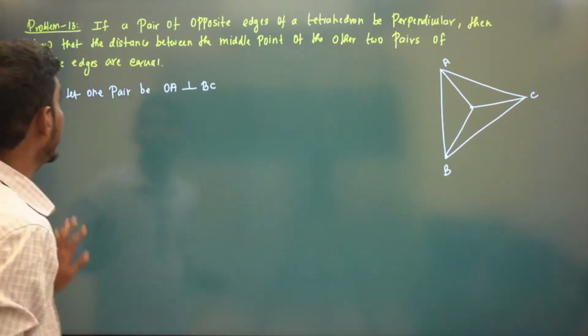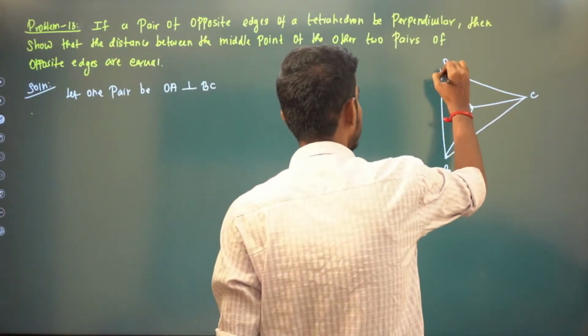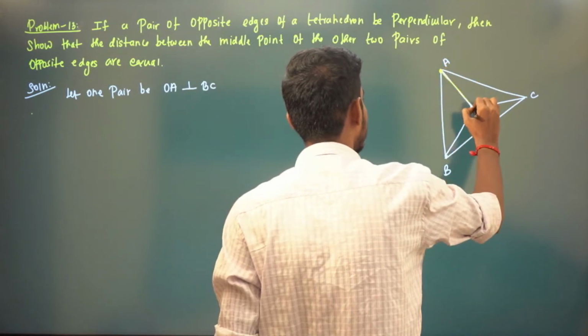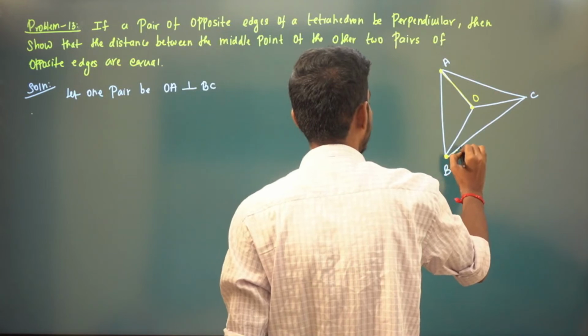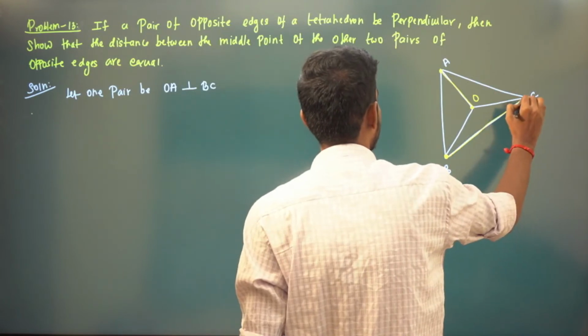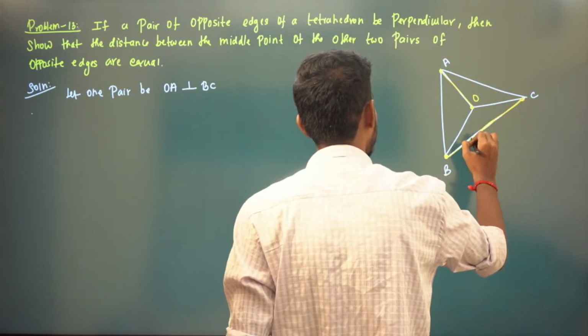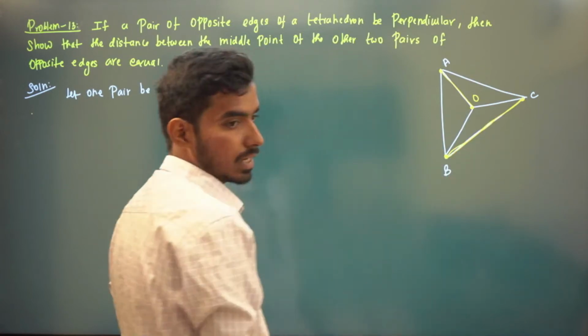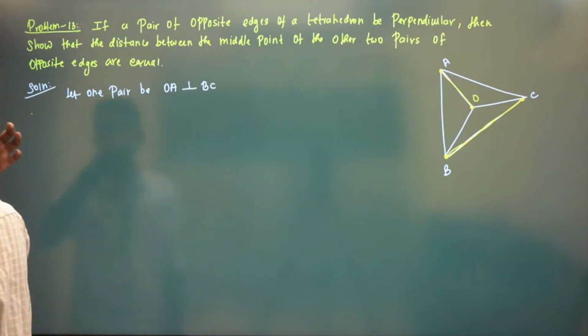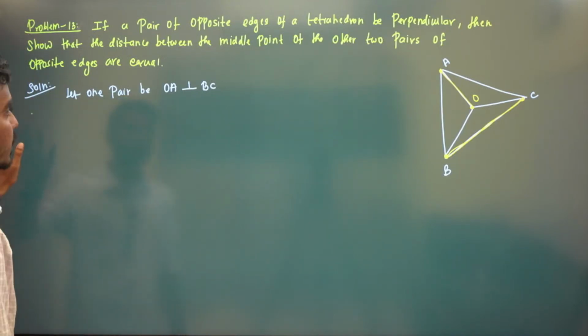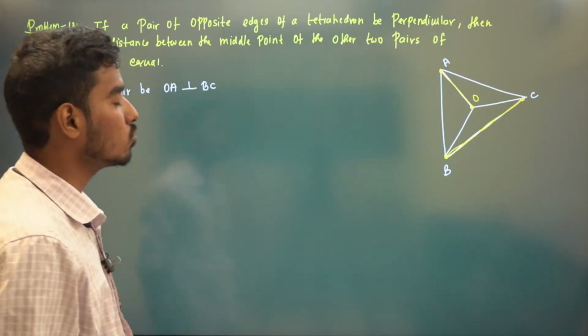If one of a pair of opposite edges are perpendicular, so let this be one pair. The previous problem, two pairs are perpendicular means third pair is also perpendicular. So here one pair is perpendicular. Then prove that distance between middle point of other two pair.